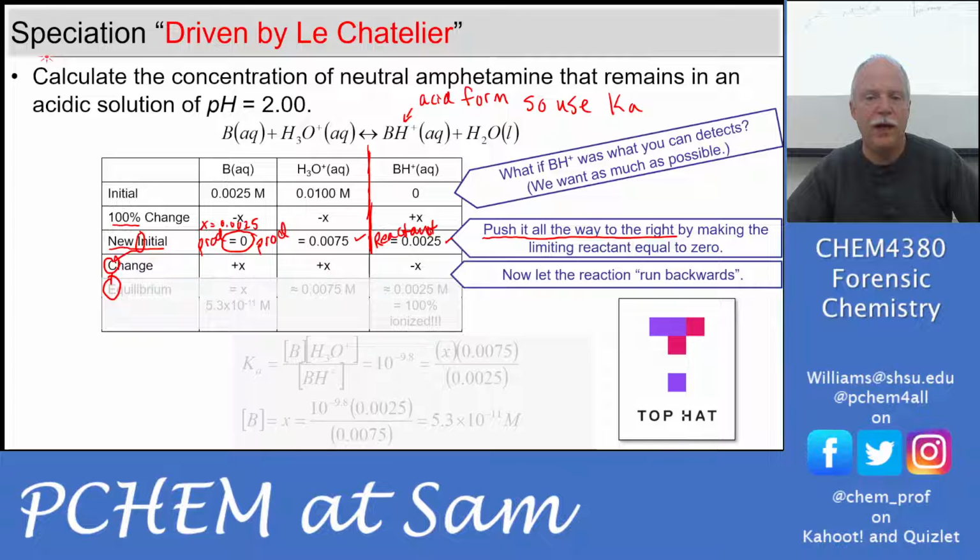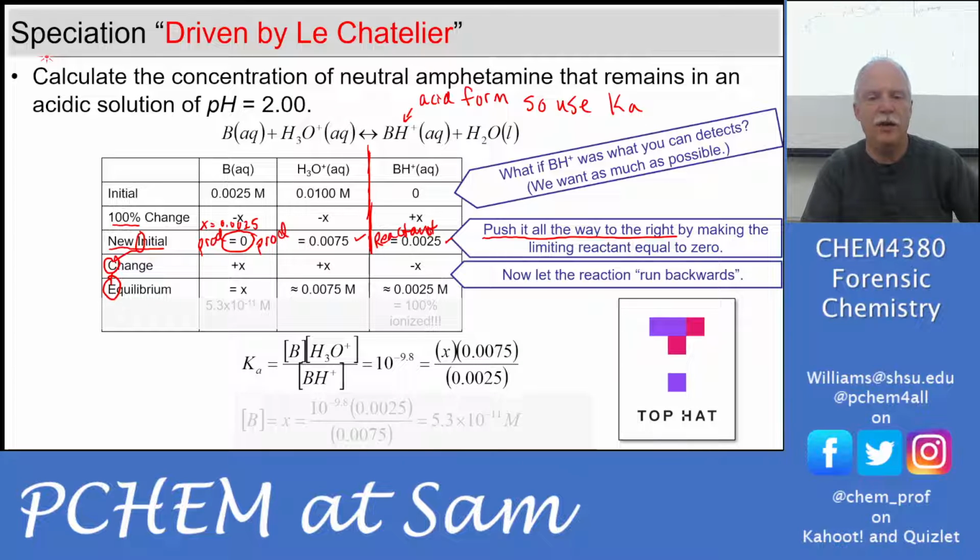So we're going to let that reaction run backwards. And so at equilibrium, we'll have 0.0025 minus X. It's going to be essentially unchanged. And the acid plus X is essentially going to be unchanged. And so the only thing that's going to change, anything added to zero is going to be significant. And so we have X here.